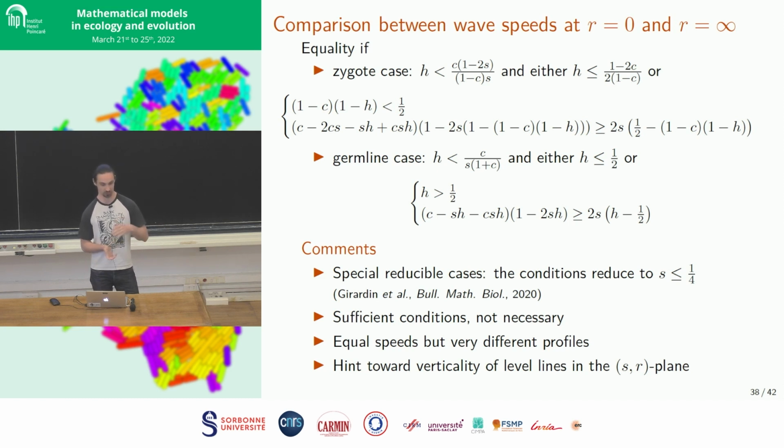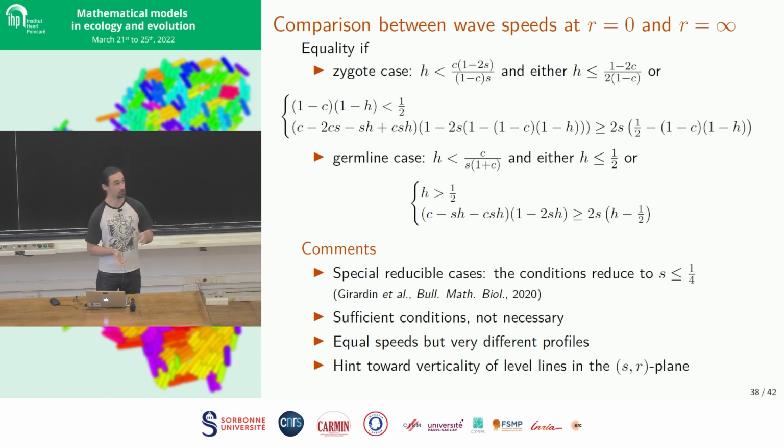It's the condition for the cubic equation, for the Schrödinger-Fisher equation, to be a KPP equation. So the speed is linearly determined, and it's 2 square root of f prime of 0, and it's known. And it's equal, actually, to the linearly determined speed at R equals 0.